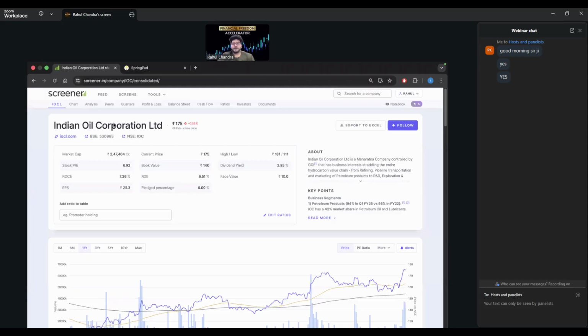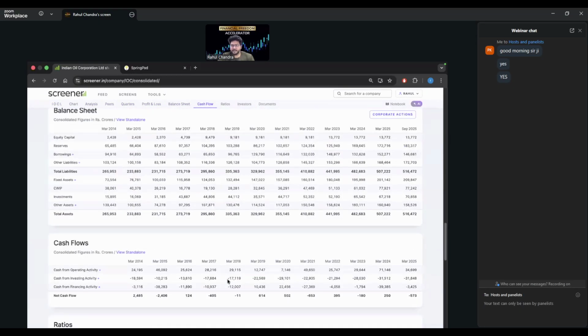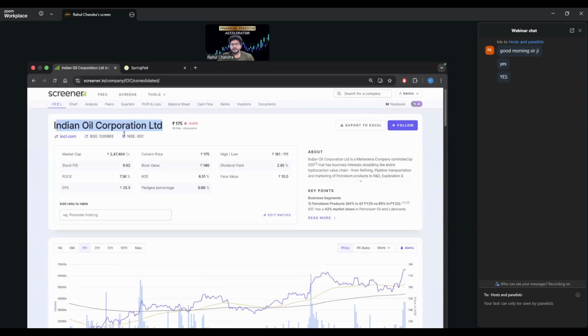This is not an apples to apples comparison, because the rate of growth is different. How much you pay for a particular rupee of profit, how much you pay for a company, should also be different.